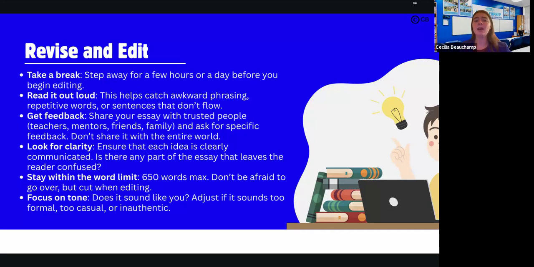A piece of advice I would give is that there's a lot of pressure to share it with specific people. All my friends told me you have to share it with at least one of your friends, you have to share it with your English teacher. I would recommend, if you're comfortable with it, sharing it with a few people. But for me, I only shared my essay with my mom and my guidance counselor. Some people might not recommend that.